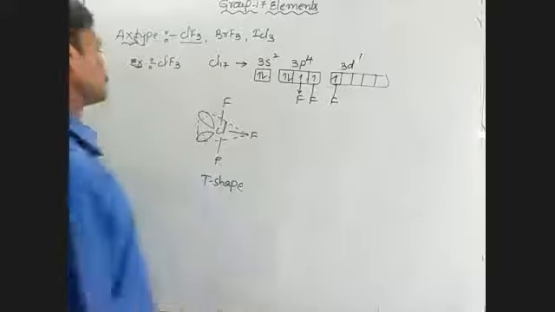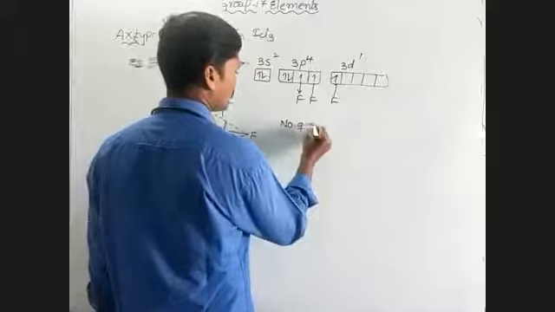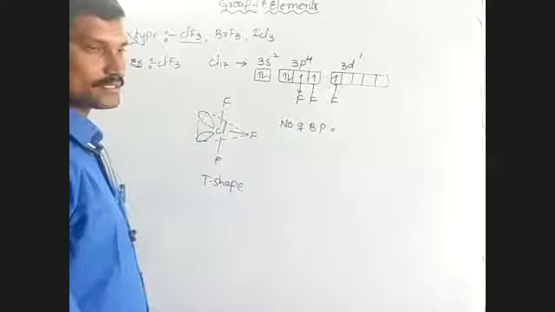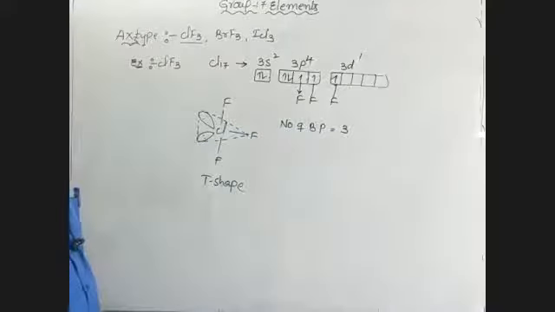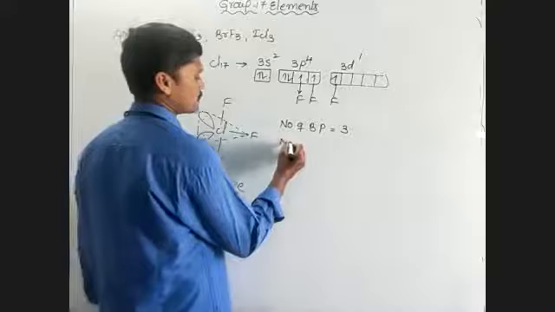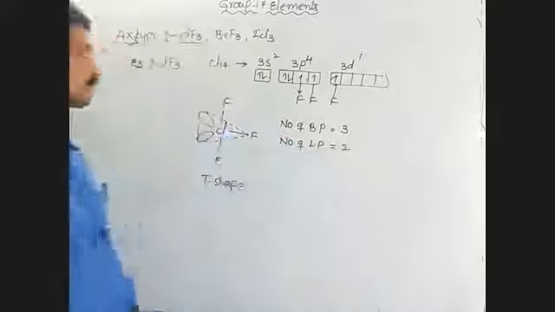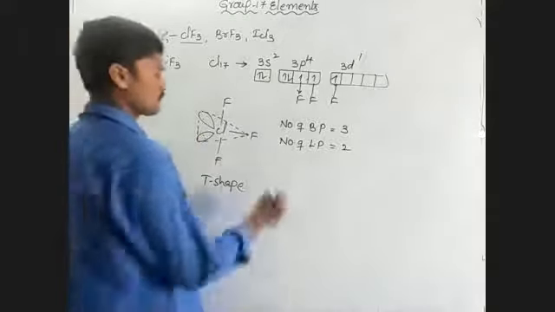So in this molecule, the number of bond pairs is 3, and the number of lone pairs is 2.